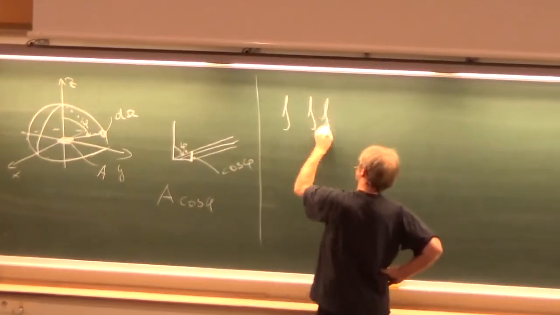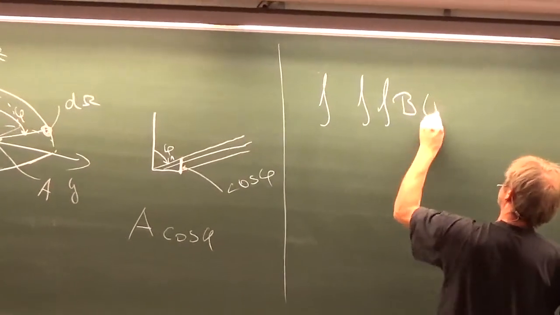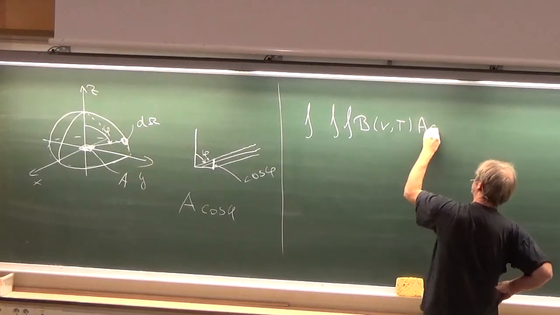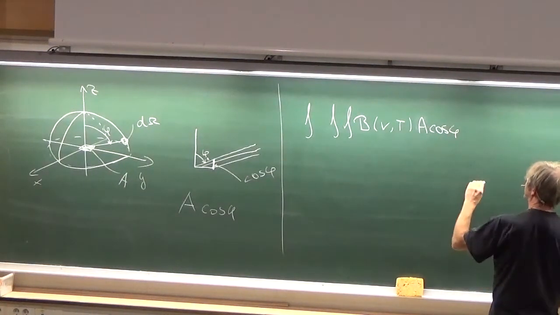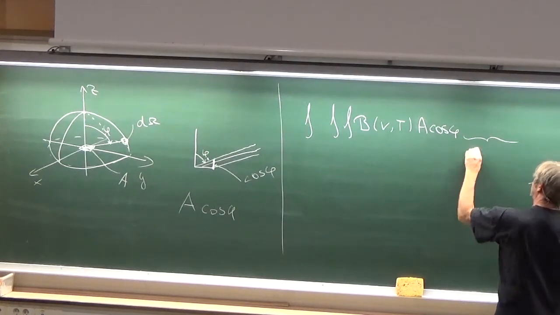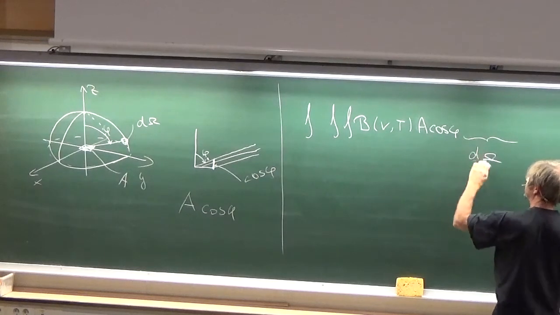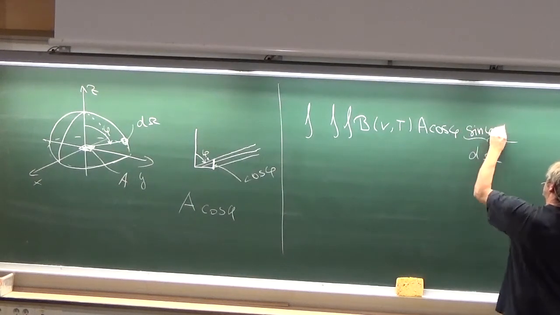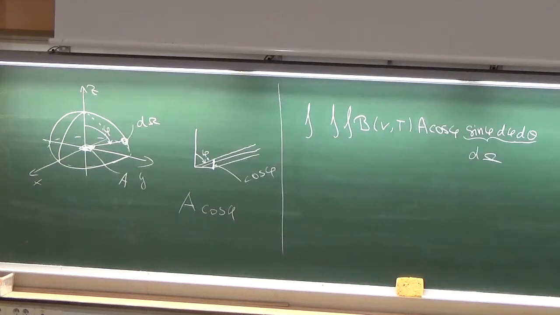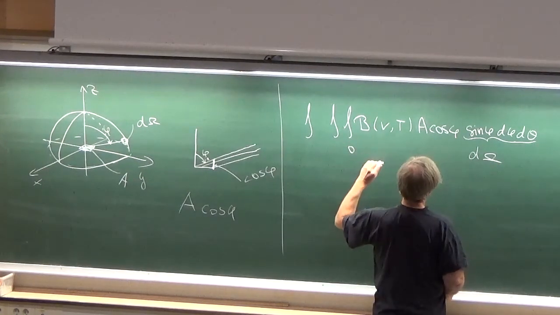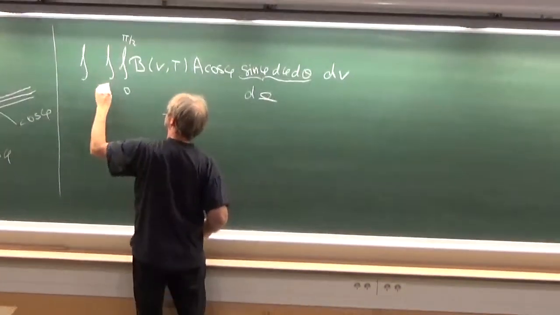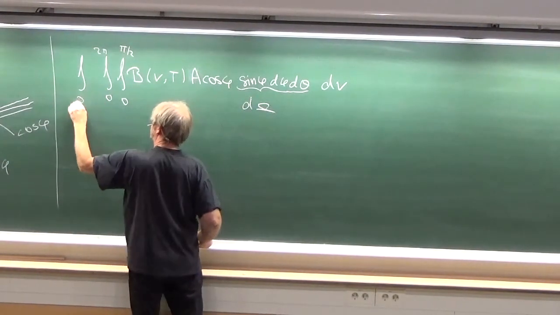So if we integrate this B(nu, T), and then multiply by A cosine phi, and then we have the area element here, which for a sphere with unit radius is sine phi, over the half sphere, and then we need, of course, to integrate over all frequencies.